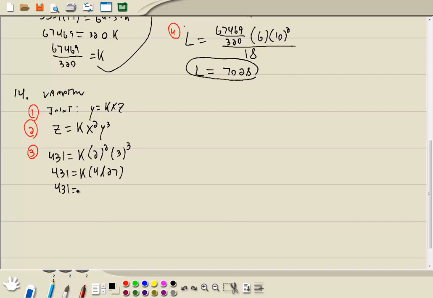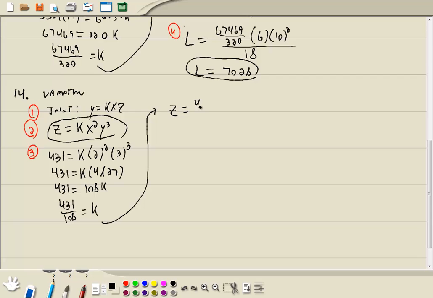So we got 431 is equal to 108k. Divide both sides by 108, and that'll be our k. And we want to plug that into the formula from step 2, which is this right here. So z is going to equal 431 over 108, x squared, y to the third. Step 4, find what they really want.